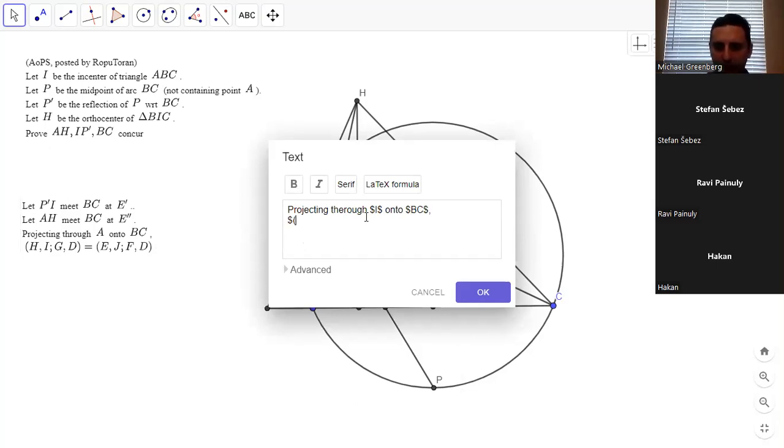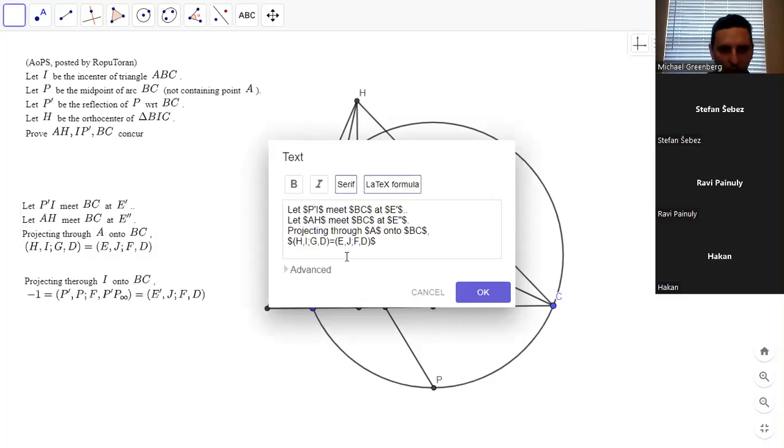We have P prime P F, and then I'll just say we have -1 is equal to that, which is equal to, this should be E double, oh, sorry, I forgot all my primes. So E prime JFD. So this should have 2 primes.